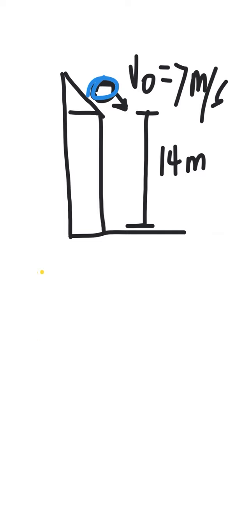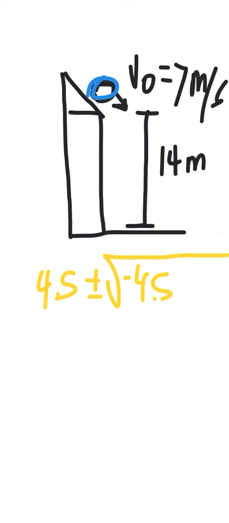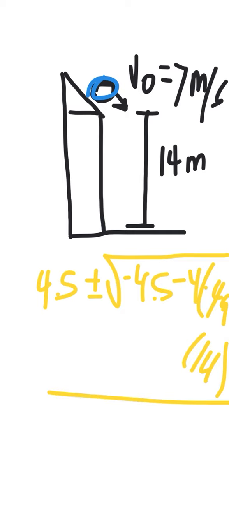So in the end, we'll have 4.5 plus minus square root of (-4.5) squared minus 4, here in these parentheses, we're going to have -4.9 times 14. And all of this will be over 2 times -4.9.